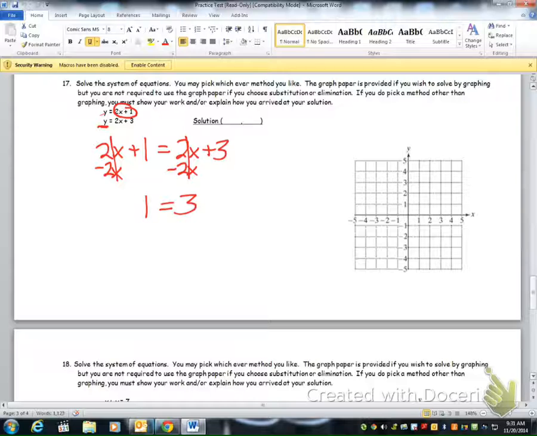Now, does this look familiar to anything else we've done so far this year? Do you ever remember solving an equation and getting something where it said like 1 equals 3 or something equally ridiculous and not accurate? Okay, well, not exactly. Undefined's not quite the same thing.